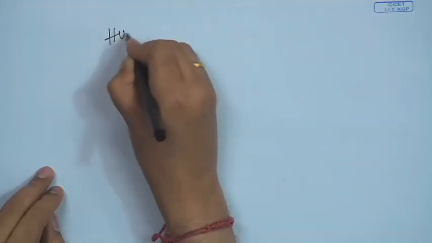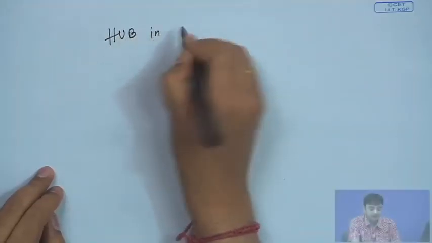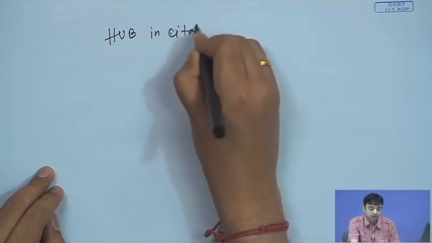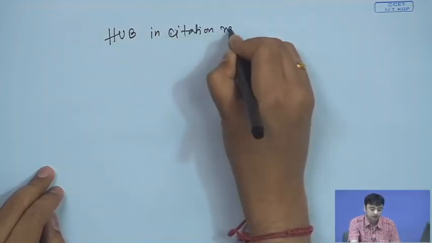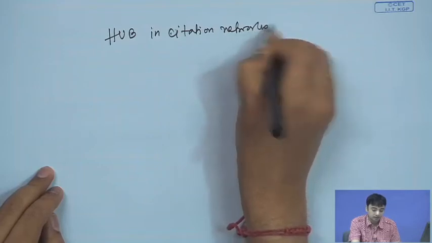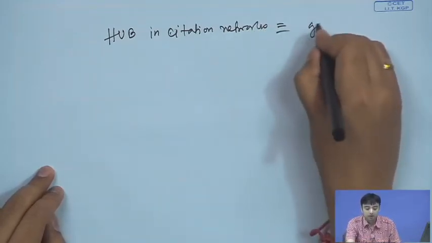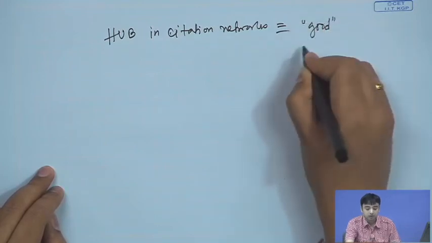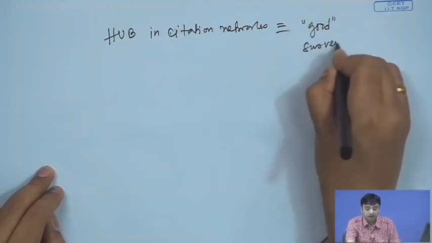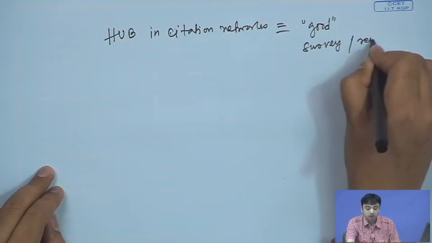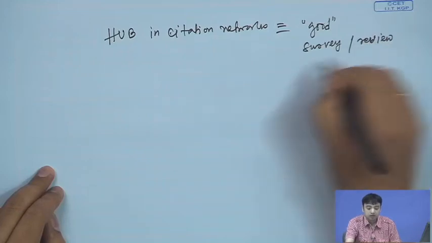So, hubs in citation networks would be basically analogous to good survey or review papers.